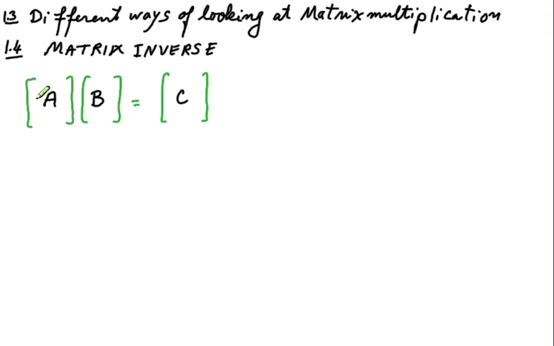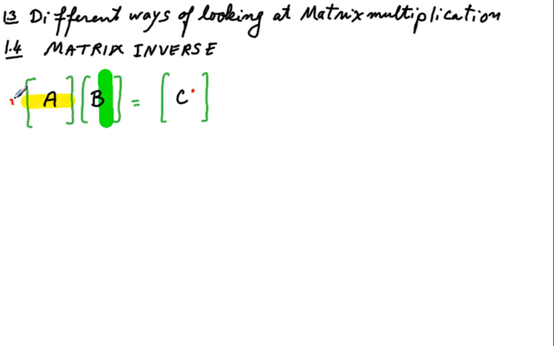Our basic definition was to take a row of this one and multiply that with a certain column of this one until you get a number. You do a dot product, and whatever that product is, you write it in a location where the row location of this entry is inherited from the row location of the first one, and the column location of that is inherited from the column location of this one.